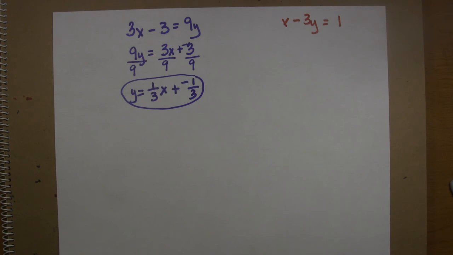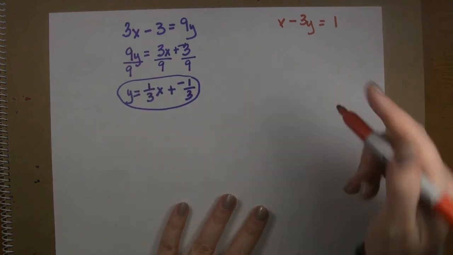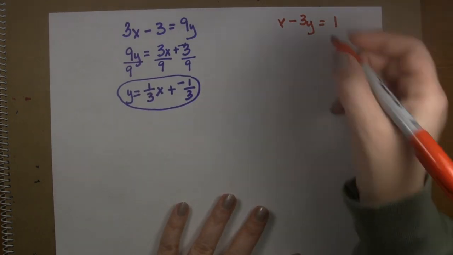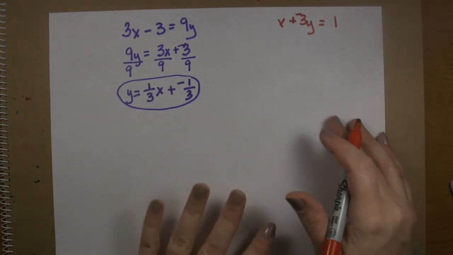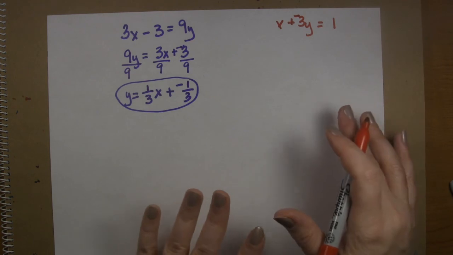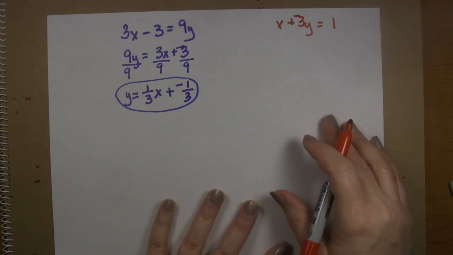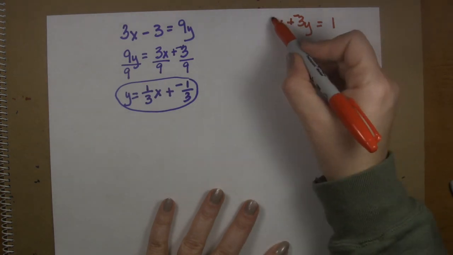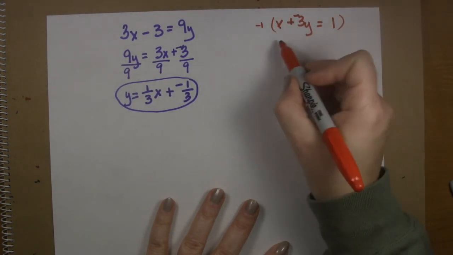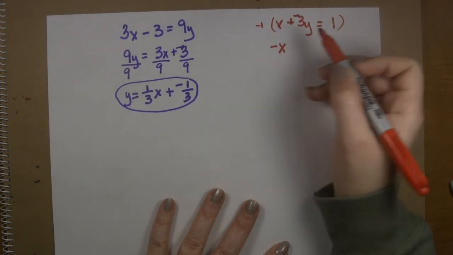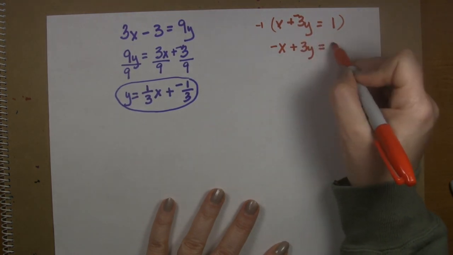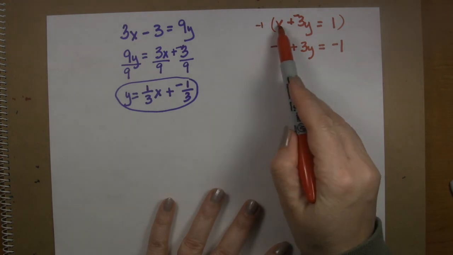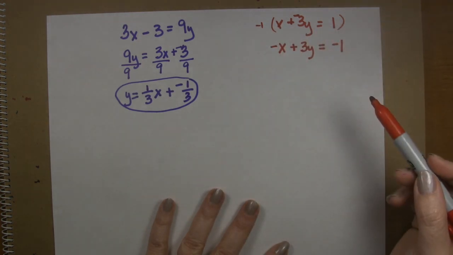Now let's head over to my red equation. So I have negative 3y over here, and we've talked several different ways of making it so that it's not negative, and one way that we can do that is multiply the entire equation by negative 1. So let's do that. So now we have negative x plus 3y equals negative 1. So I multiplied negative 1 by every term.